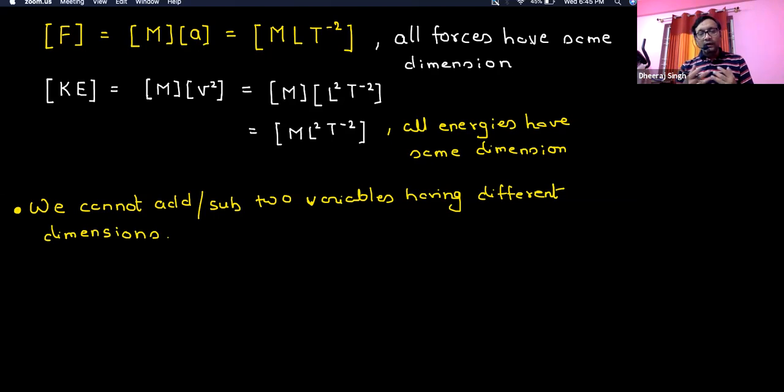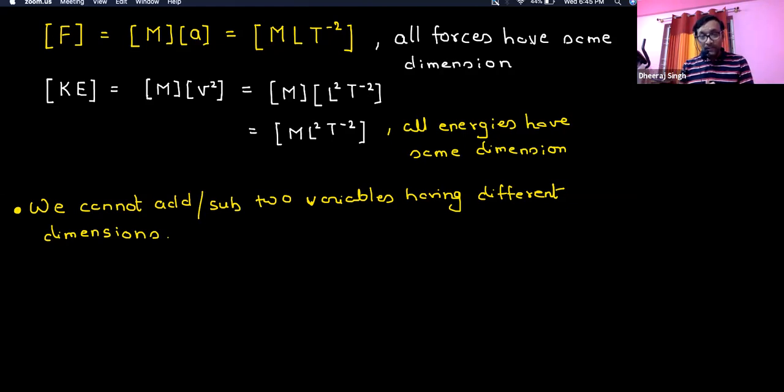Fine. Now, can I multiply or divide two variables having different dimensions? Is it possible? Possible, right? Because the example is mass times acceleration. Mass is a different dimension, acceleration is a different dimension, and I'm multiplying them. Then mass with velocity is momentum. So with multiplication and division, there is no problem.